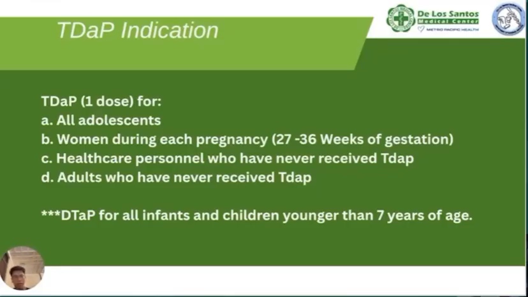And lastly, adults who have never received Tdap should receive a single dose of Tdap. In passing, for infants and young children, the CDC recommends DTaP for all infants and children younger than 7 years of age.